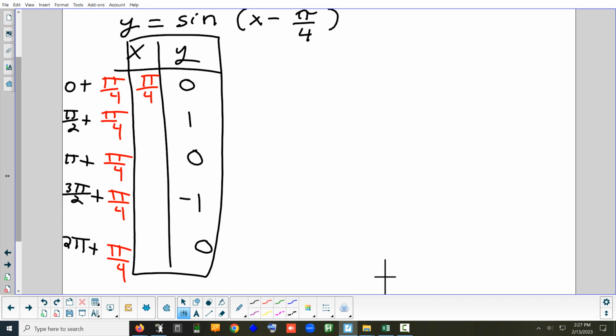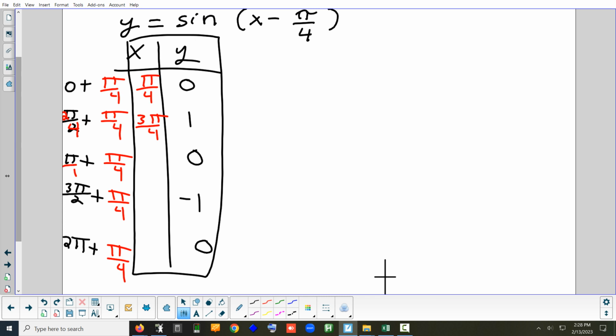Next one, we have denominators of 2 and 4. So what's my common denominator? 4. How would you turn 2 into 4? Multiply by 2. So that's going to become a 4, and that's going to become a 2. 2 pi over 4 plus 1 pi over 4. 3 pi over 4.